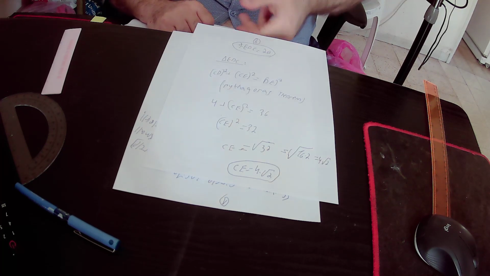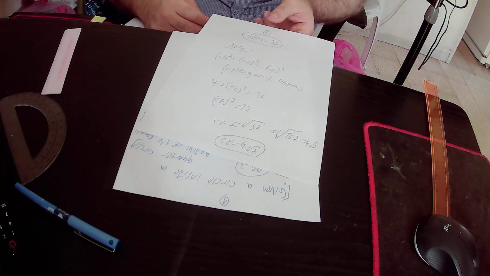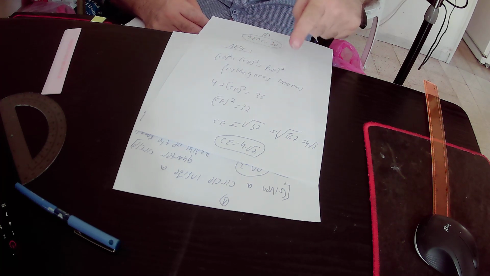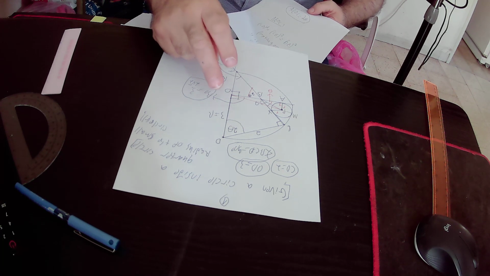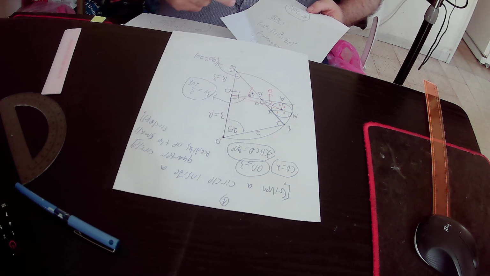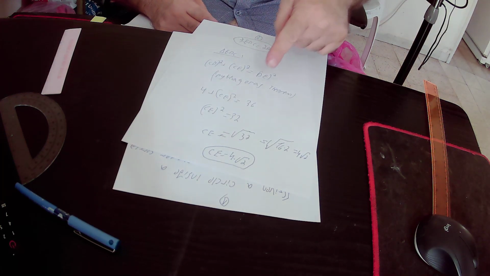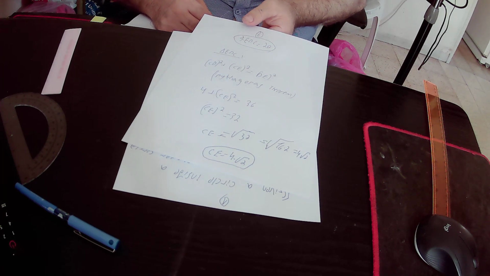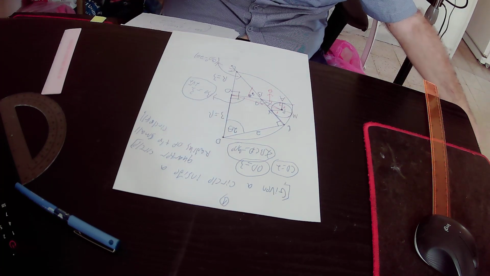We know that CD equals 2 units, it is given in the question. So CD squared is 4, plus CE squared equals DE squared. DE equals 3 plus 3 is 6. 6 squared is 36. So from this equality we got that CE equals 4 times root 2.